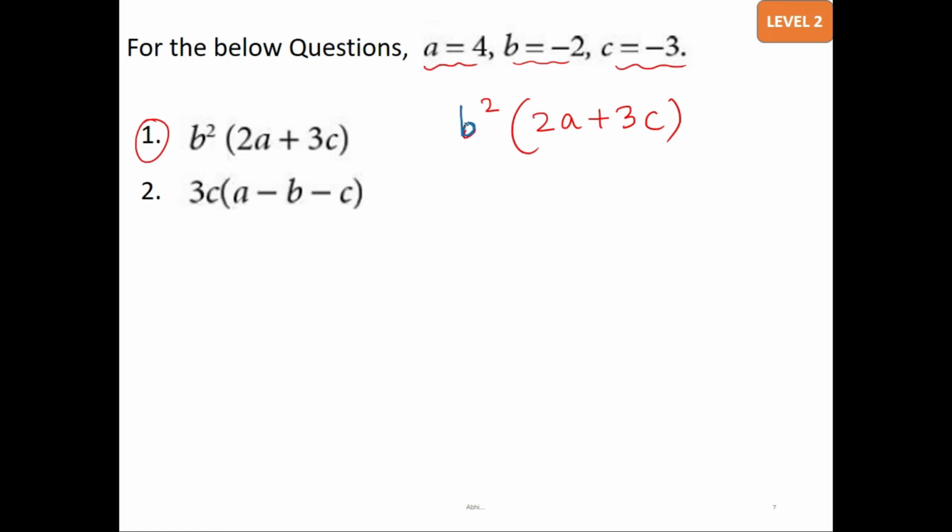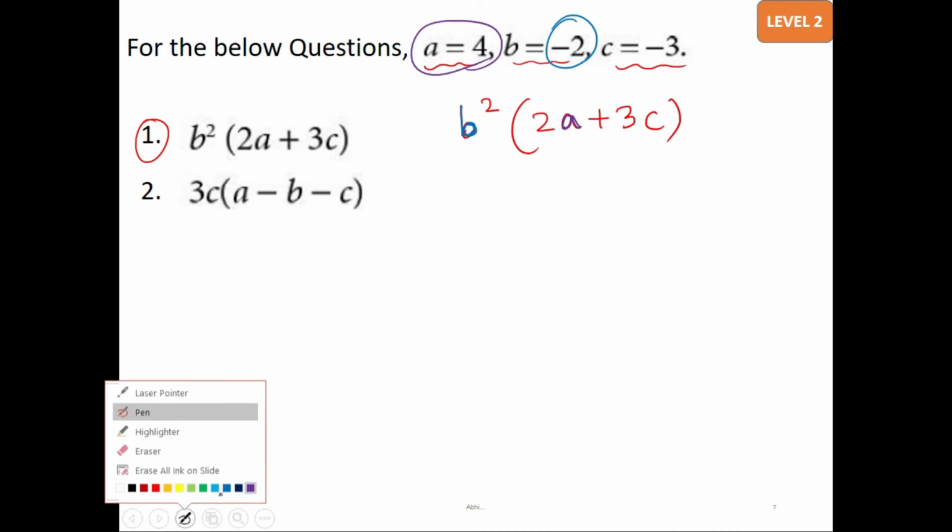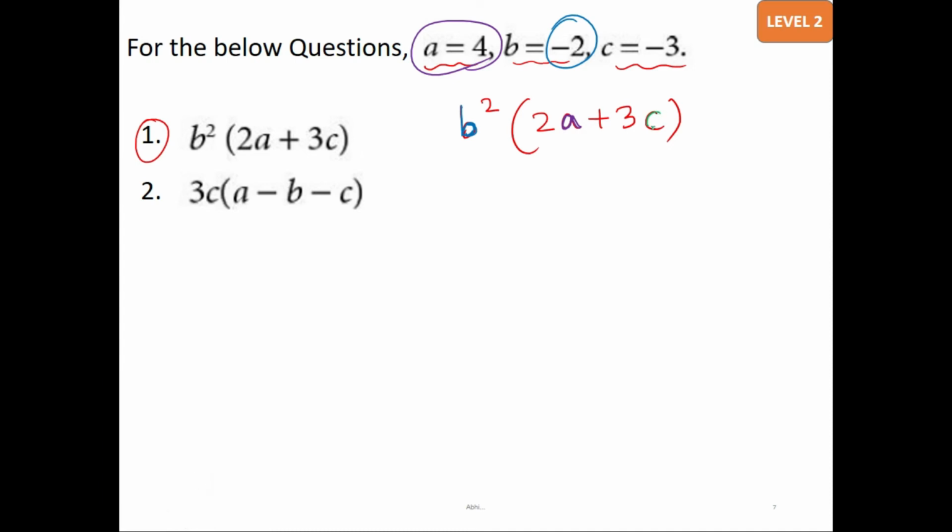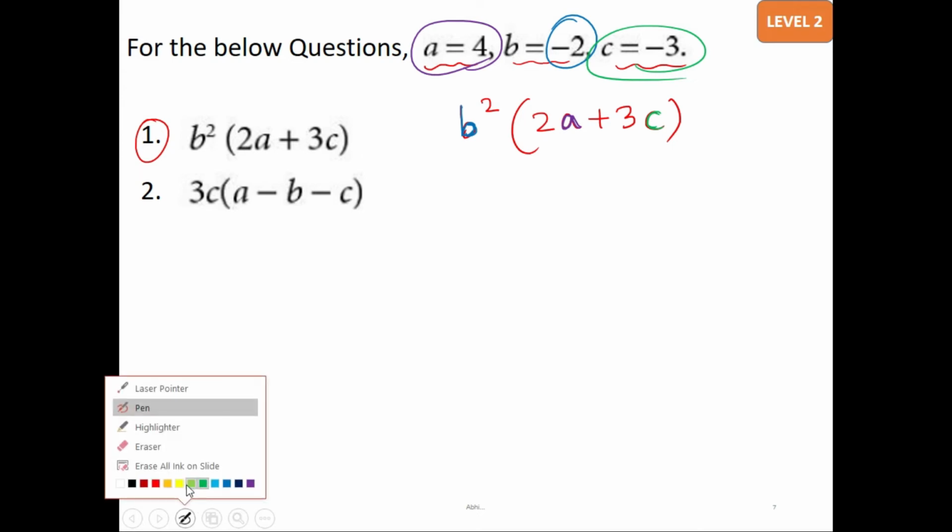You have B that needs to be replaced with a negative 2. You have A that needs to be replaced by a 4. And we have the C that needs to be replaced by a minus 3. So let's do that carefully.